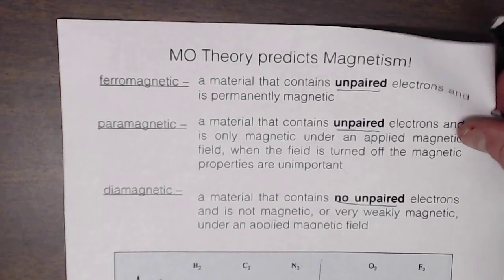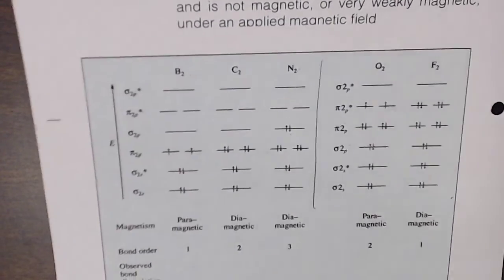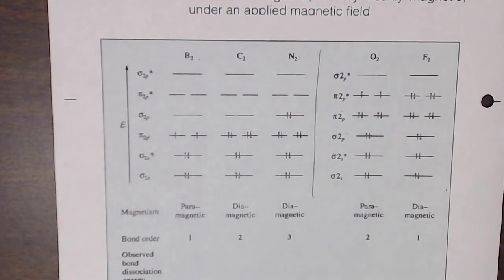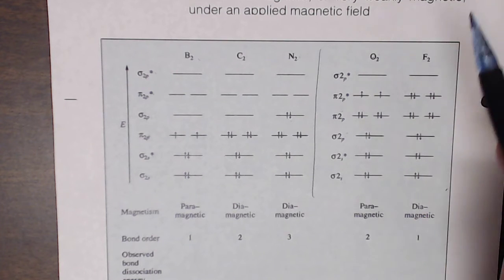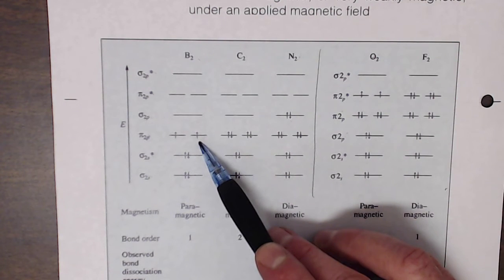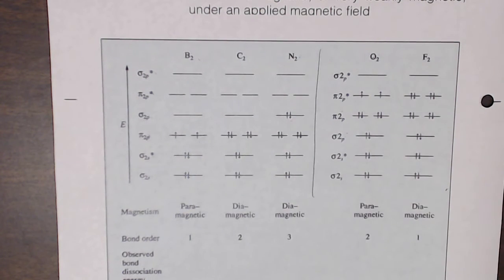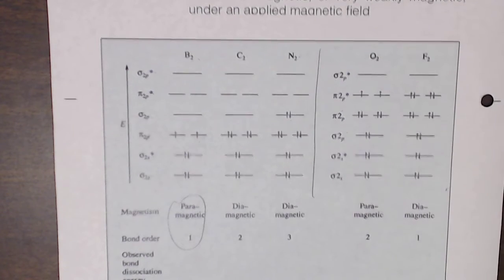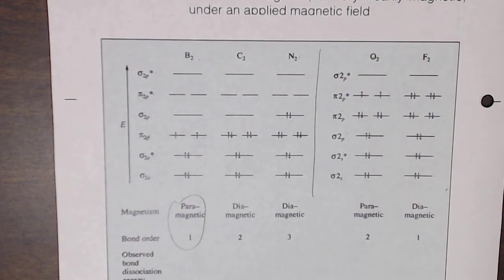Okay? So now if we look at this, this is kind of cool, because what we can see here is B2 contains unpaired electrons, and thus it is paramagnetic. We can also predict that it has a bond order of 1, and we get that from the bonding electrons minus the antibonding electrons.